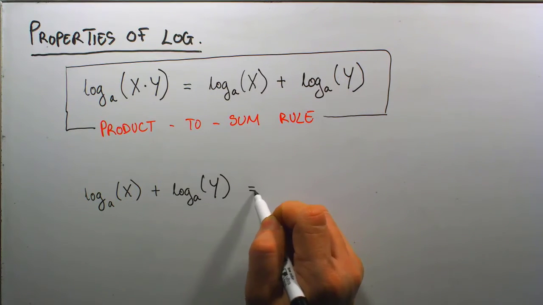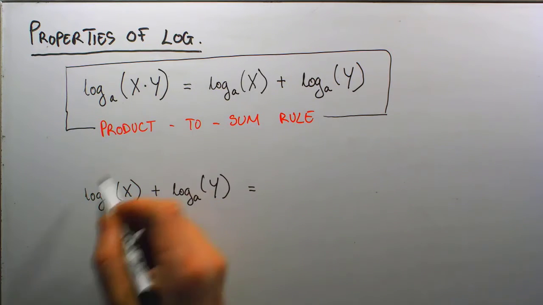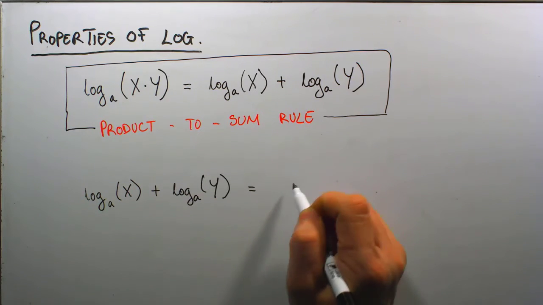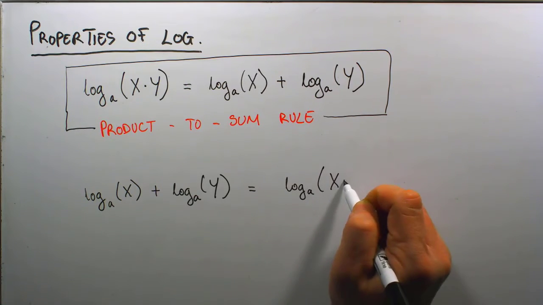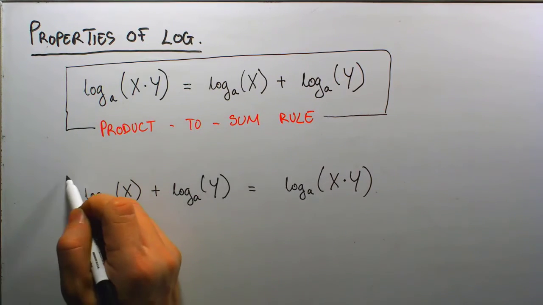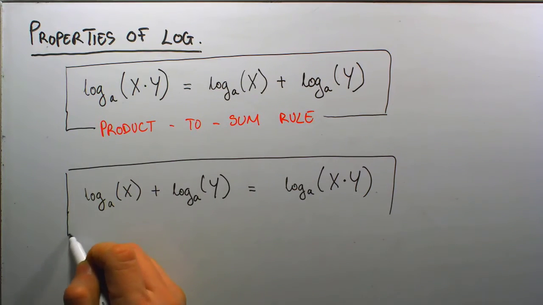And we can conveniently re-express all this as log base A of the product x times y. So this is an alternative version of the exact same property, the exact same rule.